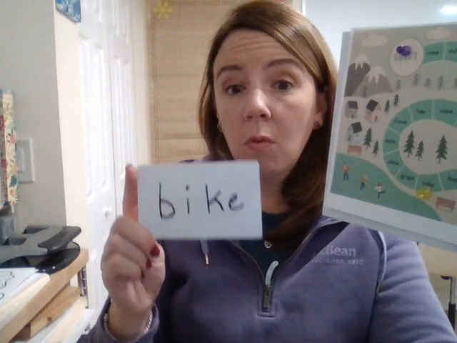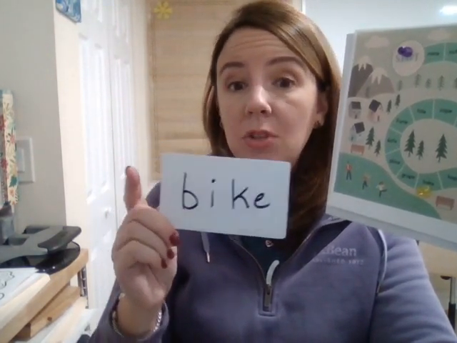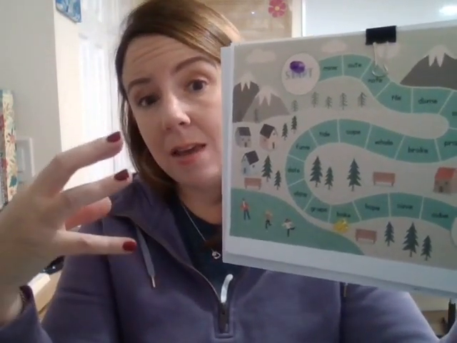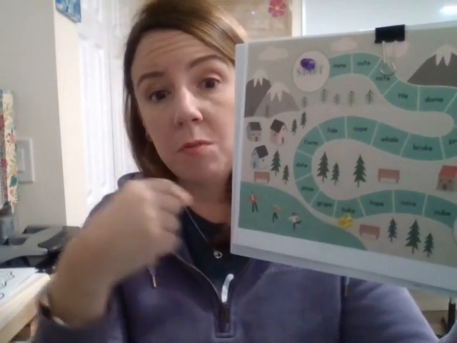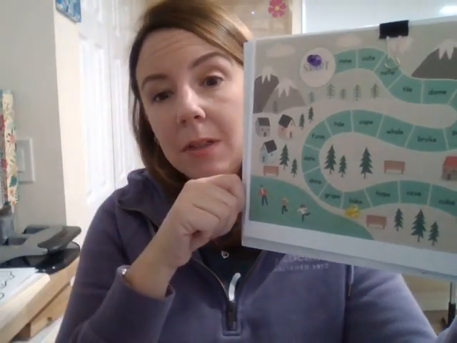You can have them write and spell the words on here and read them out loud, or make just those single letter changes as you would in like a chaining activity. Okay, so this is just one way to think about how to take a simple game board with spaces on it and really level it up so that we're getting the most out of just one simple game, because it really isn't enough just to sort of move along and read the words.